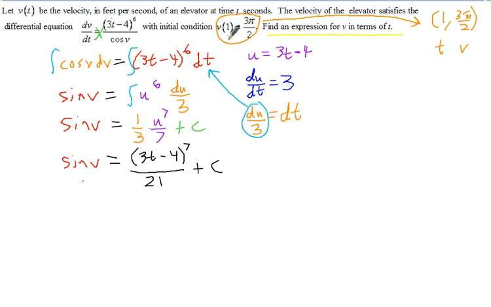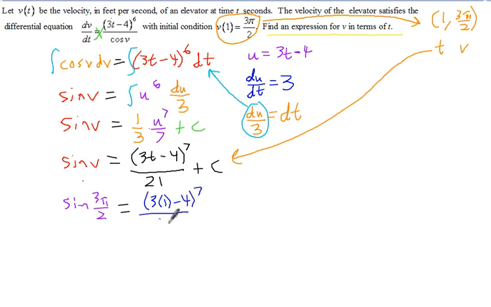So if we substitute that in for t and v right here, we'll have the sine of 3 pi over 2 equals 3 times 1 minus 4 to the 7th over 21 plus c.